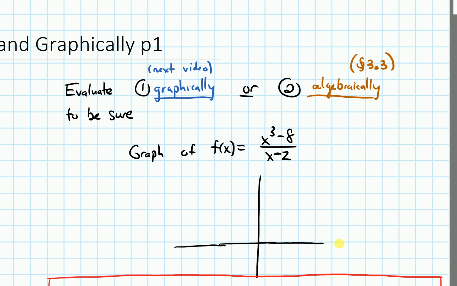Then I'll put some tick marks: -1, -2, -3 in the x direction, and 1 and 2 in the positive x direction. I won't put any tick marks on the y-axis because the points get really, really high quickly. Instead, I'll just draw the general shape.